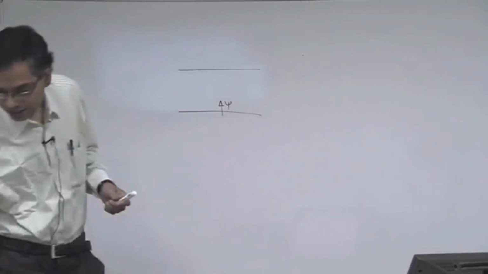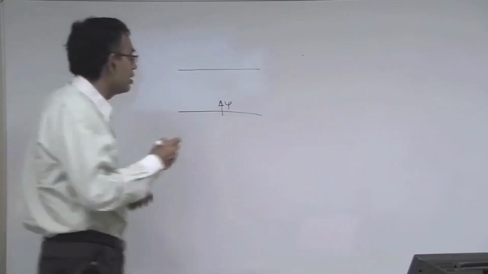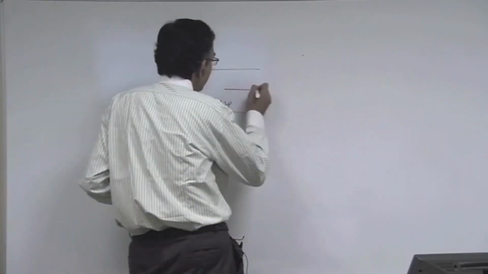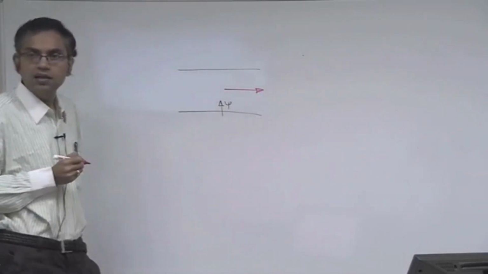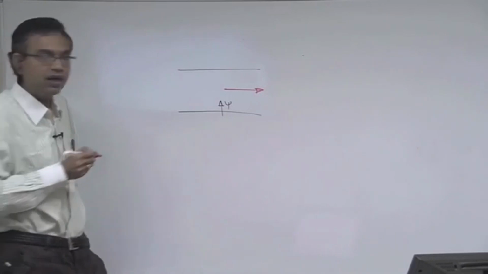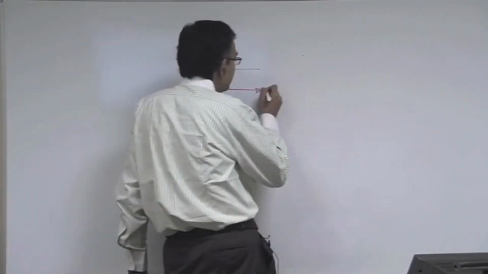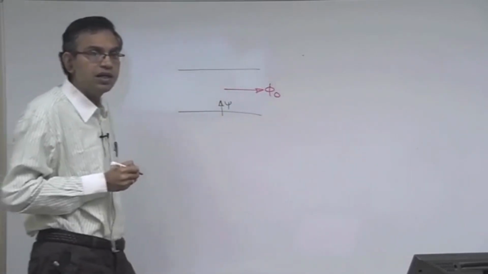Now let us say that to actuate the fluid flow you apply an electrical potential gradient along the axial direction. Let us say that potential is phi naught.